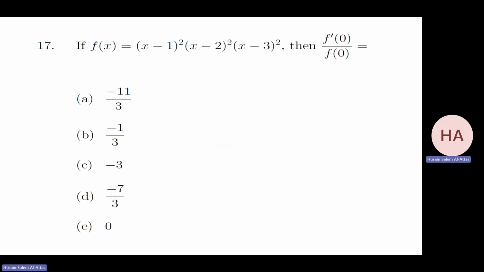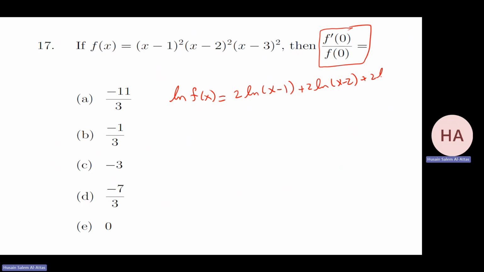If x equals this, find f'(0) over f(0). Very clear, he's asking about logarithmic differentiation. So I have ln f(x) equal to ln(x minus 1) plus 2 ln(x minus 2) plus 2 ln(x minus 3).